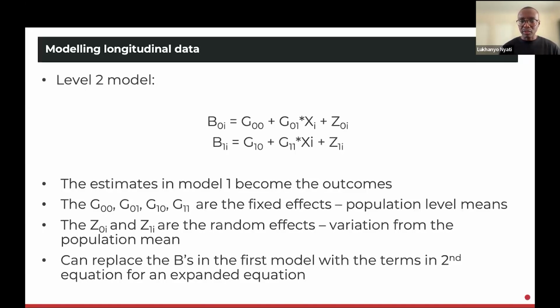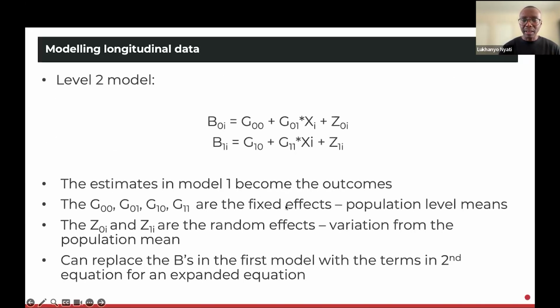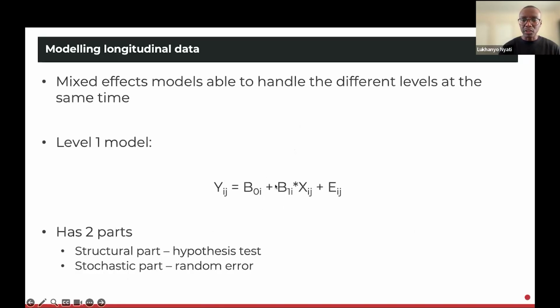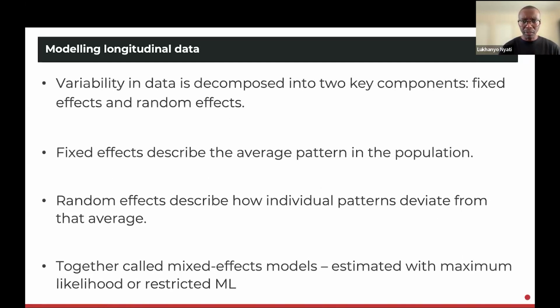And so what you can do is, if you look at this model here, you can then replace this B0 and B1 with these terms that are here in the expanded equation. Generally, what these models do is that they decompose the data into two key components, and those are your fixed effects as well as your random effects.